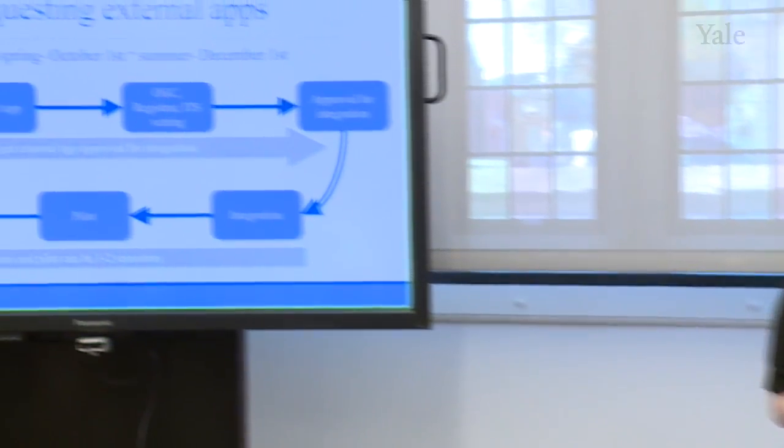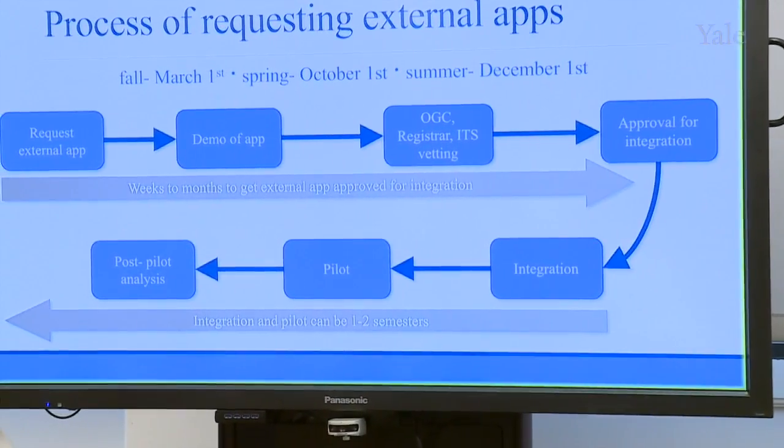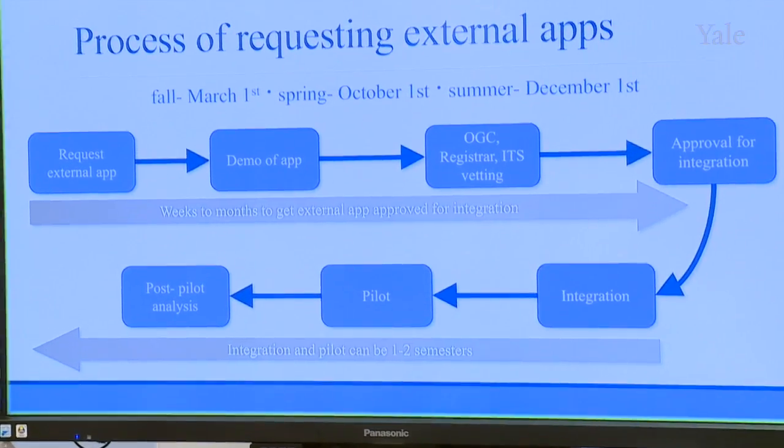Once the request for the external app is created, we at the Center for Teaching and Learning get a demo of the app. After the demo, we say, hey, this is a really great tool, I think it could benefit a lot of people at Yale. It goes through a wonderful process: the OGC register ITS vetting.